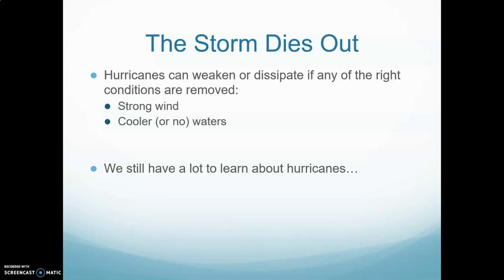The strong winds will break up the rotation of the storm, and thus keep it from developing into a really fast rotating storm. And the cool waters, of course, take out the energy of a storm. Now, we need to point out here that we still have a lot to learn about hurricanes. We've still only scratched the surface, so there are constantly studies being done on hurricanes.